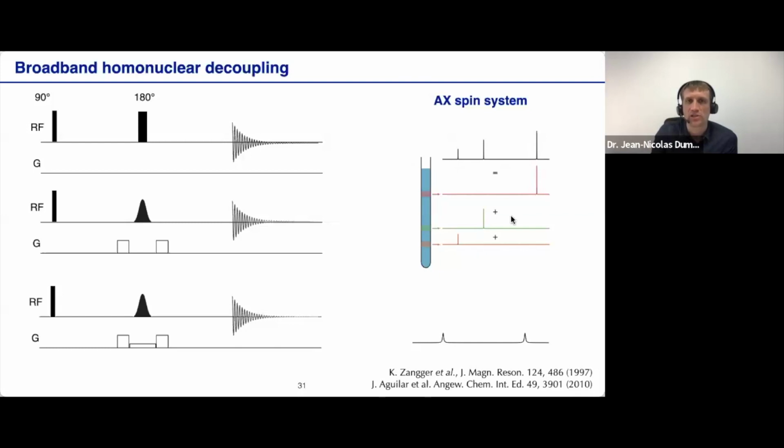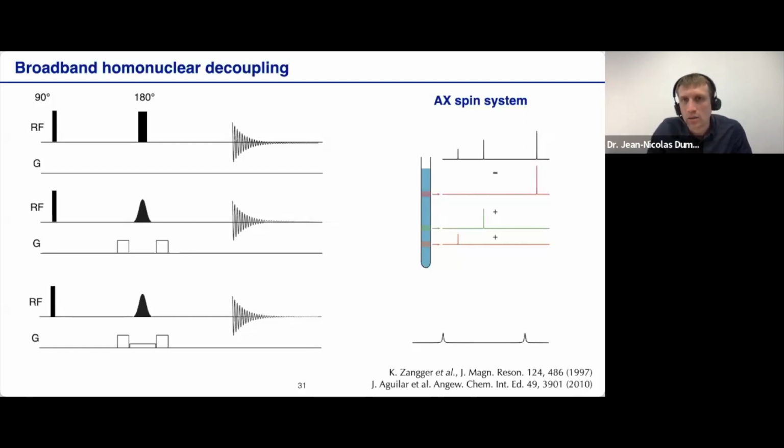If I try and summarize it graphically, one obtains the full homodecoupled spectrum in a single experiment, and in practice, the different parts of the spectrum come from different parts of the sample, where each of them contributes to a given signal depending on its offset. So that's the very basic description of pure shift NMR based on Zangger-Sterk decoupling.